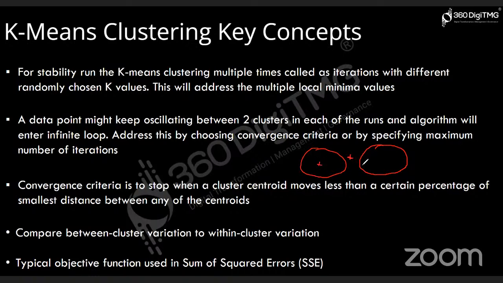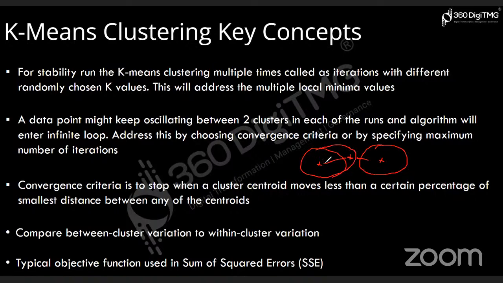This has a centroid here, and this has a centroid here. Now suppose we measure the distance from the centroid. After measuring, we see that it is closer to this one, so it goes inside this cluster.